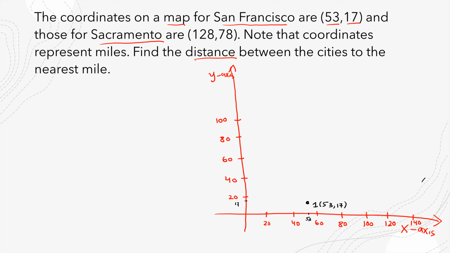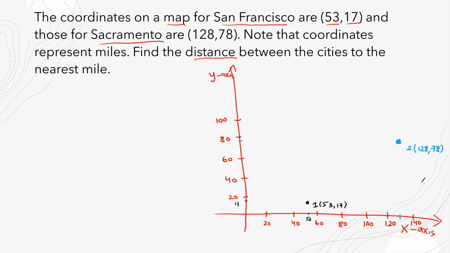Similarly, we will do point 2. Let's see, 128 on the x, so I am somewhere around this point, and on the y it is 78, so we are around 78 here, approximating the point. That is our point 2 of 128 and 78.